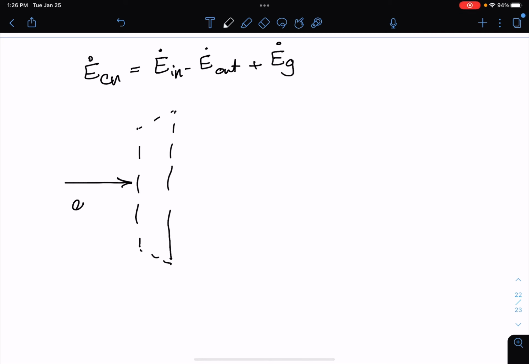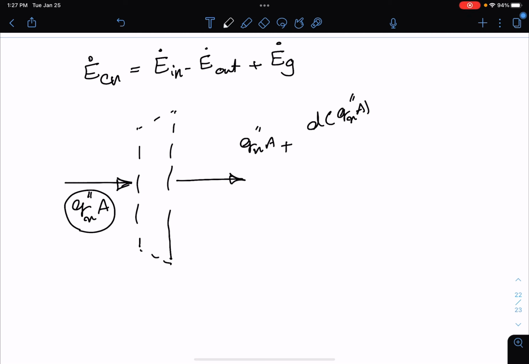What I'm saying is that we have Q double prime x multiplied by the cross-sectional area here, and then energy going out is going to be the same energy plus changes inside the control volume, right? Does it make sense? Okay. And how can we characterize the changes inside the control volume? Mathematically, changes of heat flux with respect to x multiplied by dx. Or let's call this delta x because we don't want to cancel.